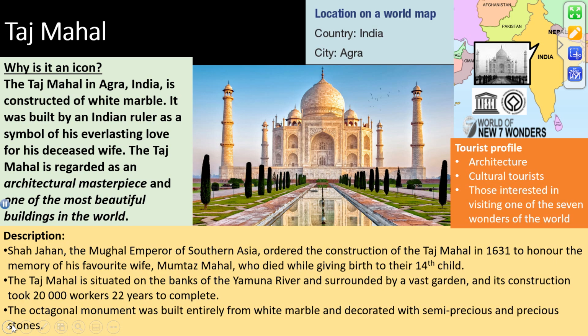He ordered the construction of the Taj Mahal in 1631 in honor of his favorite wife, Mumtaz Mahal. She died, unfortunately, while giving birth to their 14th child. The Taj Mahal is situated on the banks of the Yamuna River, and if you look at the image, you will see surrounded by a vast garden.